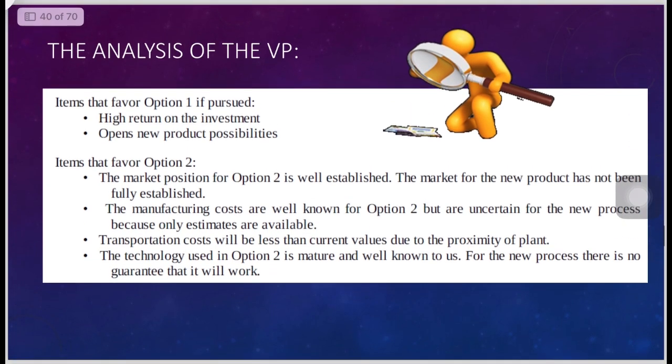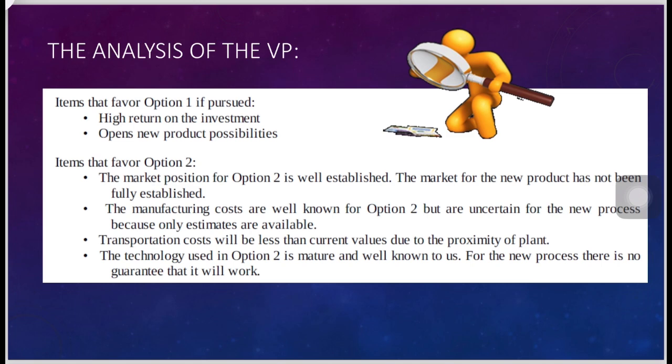Now, the analysis of the VP. Items that favor option 1 if pursued would be the high return on the investment, and it opens new product possibilities. But if we choose option 2, we already have the market position, so it is well established. The market for the new product has not been fully established.